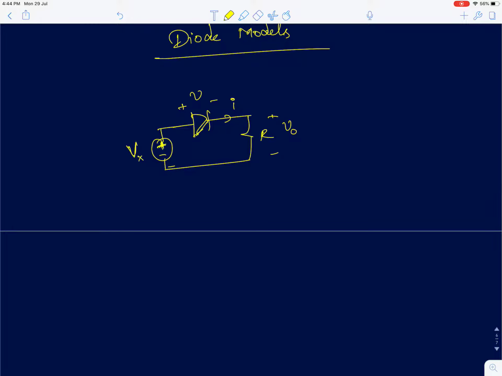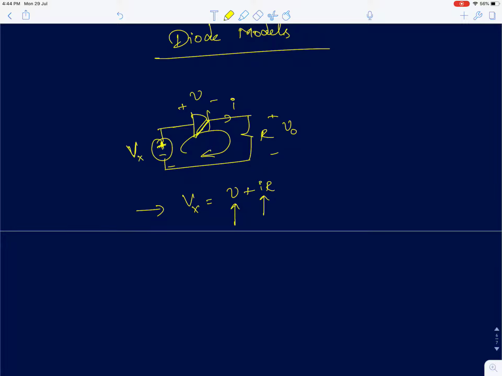If I write KVL in this loop, I get Vx equals V, the voltage across the diode, plus I into R. This is one equation, and there are two unknowns, voltage and current.